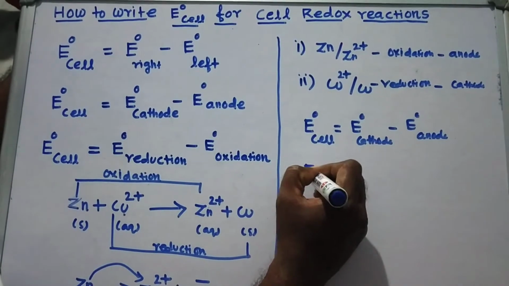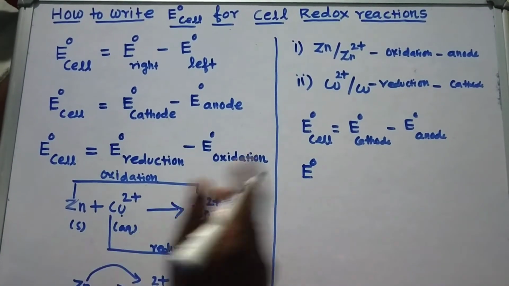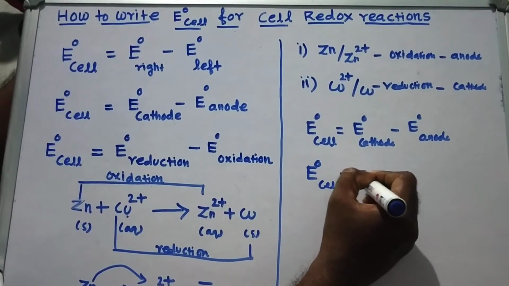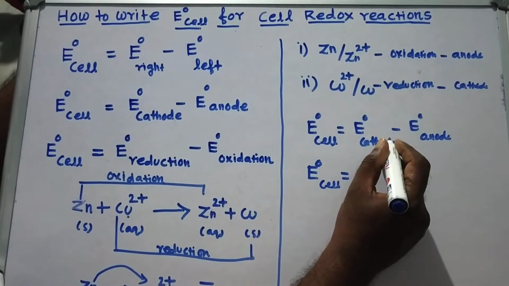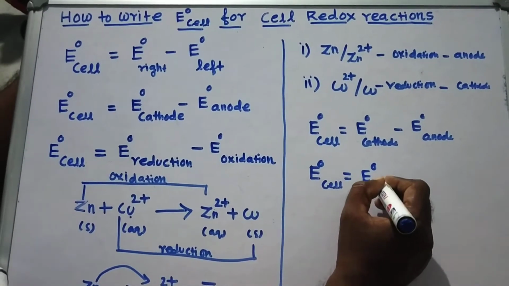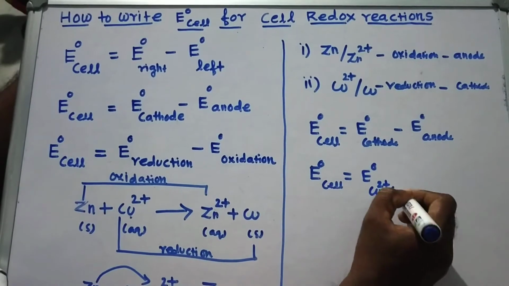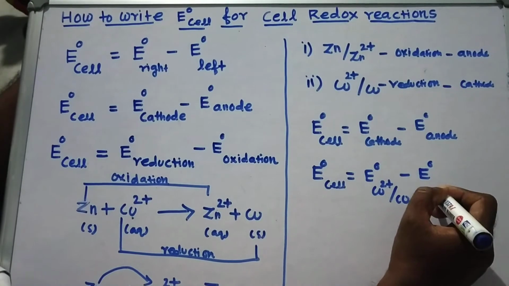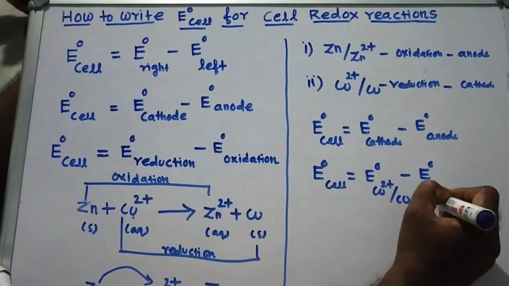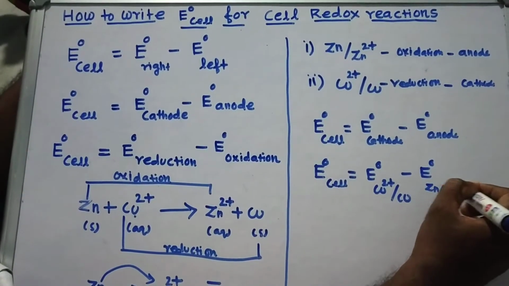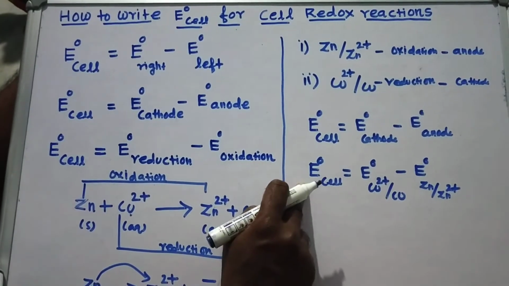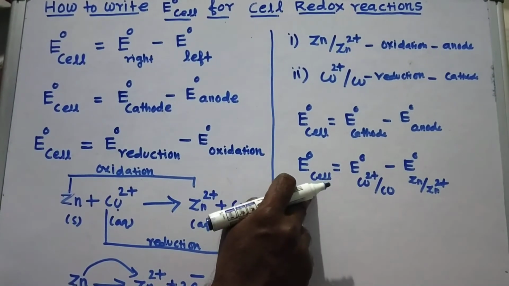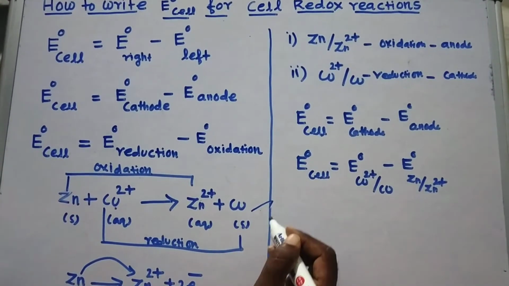So, for these redox reactions, E naught cell is equal to the E naught of the cathode, Cu2 plus becomes Cu, minus E naught of the anode, zinc becomes Zn2 plus. Therefore, this is the standard cell electrode potential for these redox reactions.